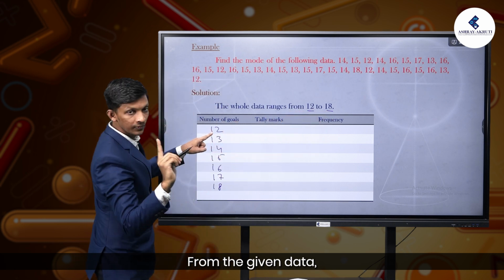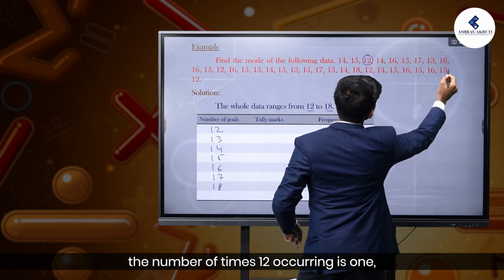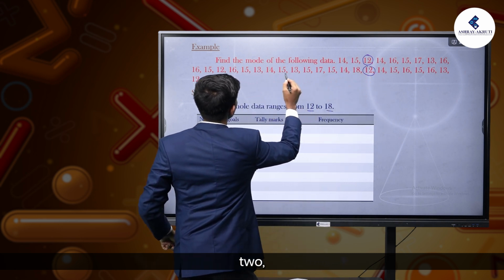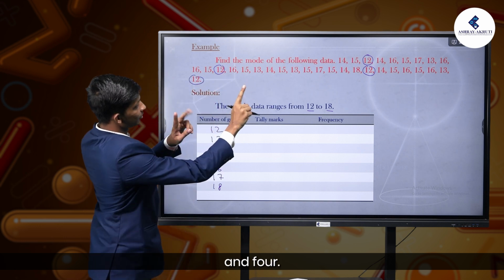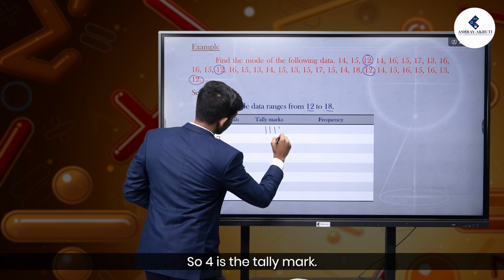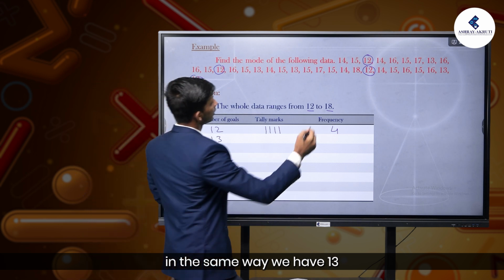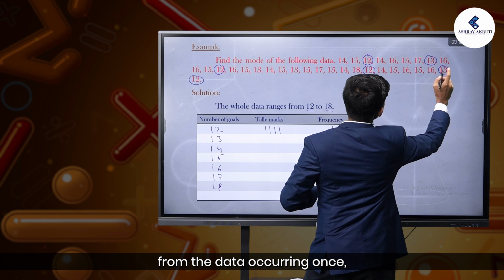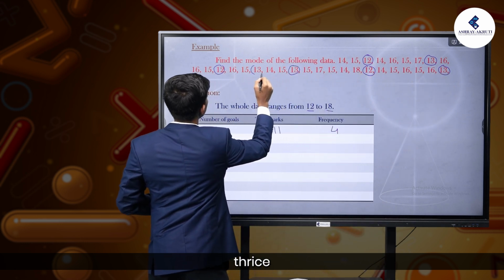From the given data, the number of times 12 occurs is 1, 2, 3 and 4. So 4 is the tally mark and the frequency is 4. In the same way, we have 13 from the data occurring once, twice, thrice and 4 times.